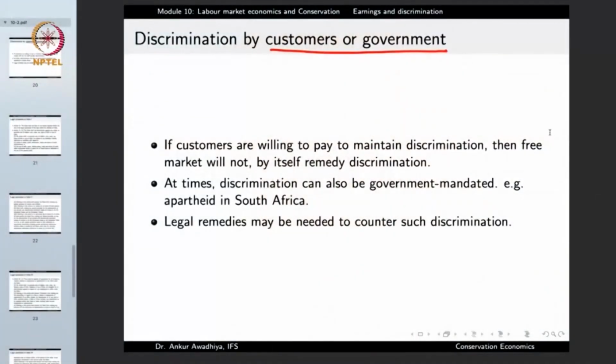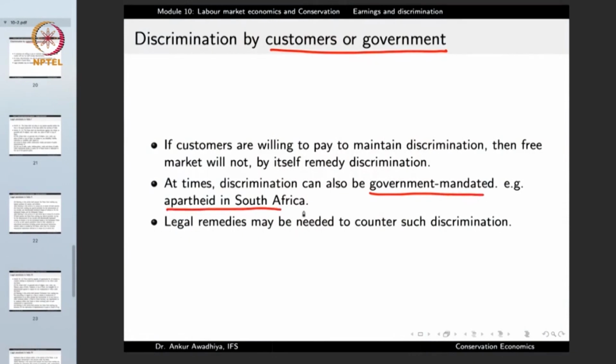So everybody is trying to enhance their welfare by getting the best quality material at the cheapest cost. But if people do not do this rational decision making, in that case, the free market will not be able to solve the problem of discrimination. In certain other cases, the discrimination can also be government mandated.